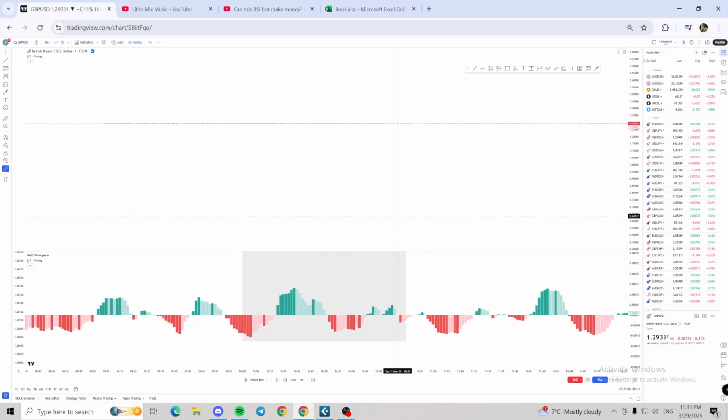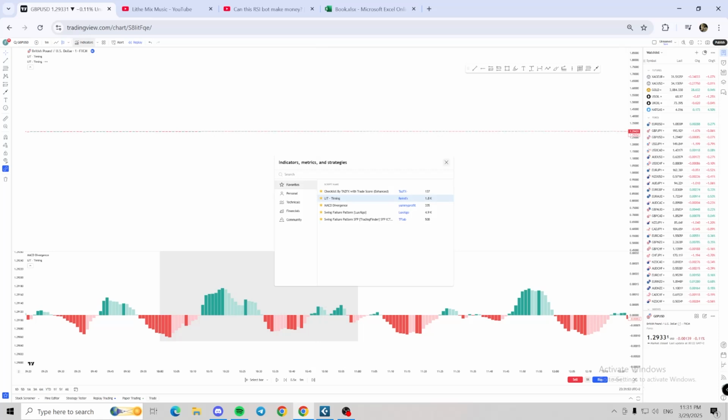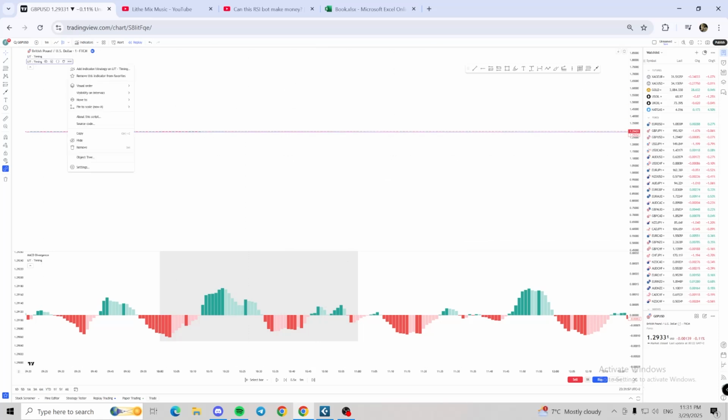So here's another session. To see this, I just have the lit timing indicator put onto the MACD chart. And to do that, you just click the lit timing, and then you click more and move to existing pane below.